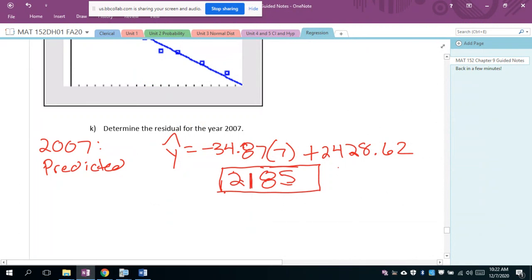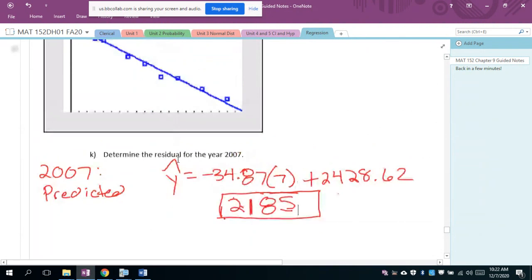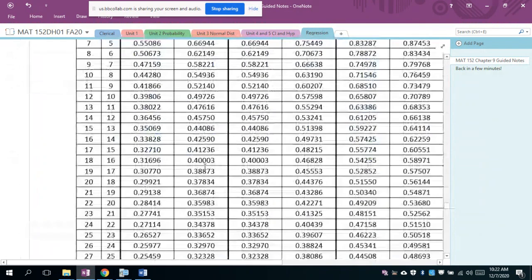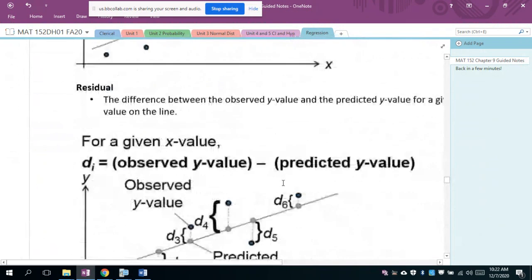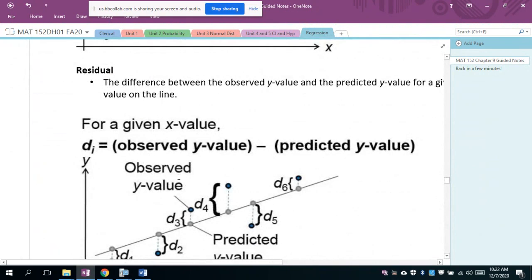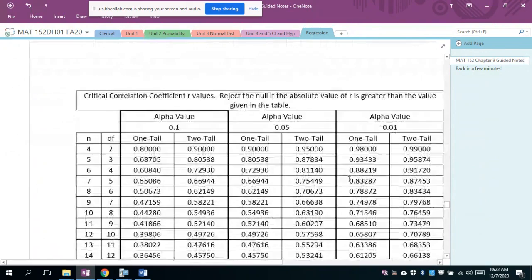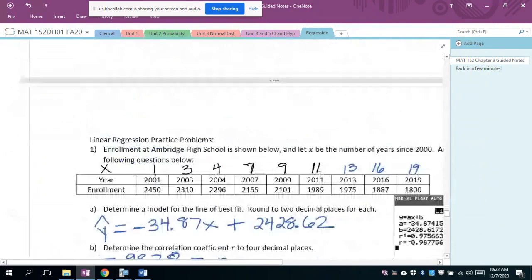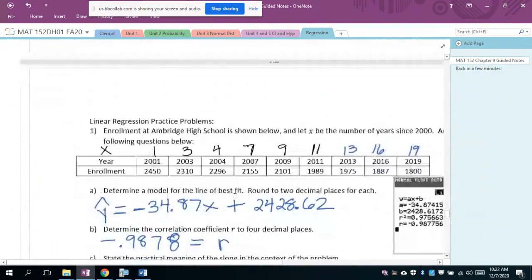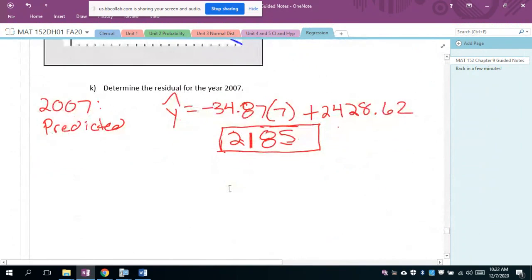Now, to determine the residual, basically, the residual is the observed minus the predicted. So we have to take the observed value, which is 2155. Observed minus predicted or expected.